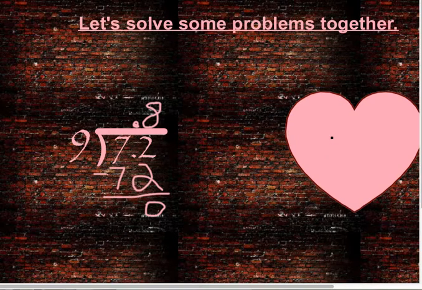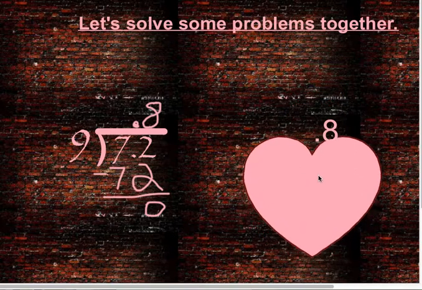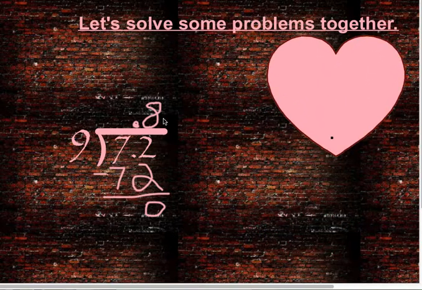And then let's look over here to see if we did it correctly. Let's just check it out a little bit. 8/10. So in order to check it, you take your answer, which is the quotient, which is 0.8, times the divisor, which is 9.